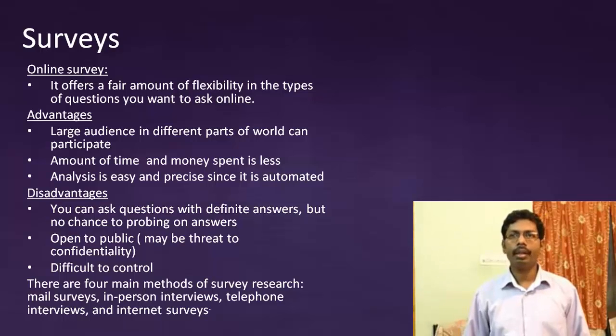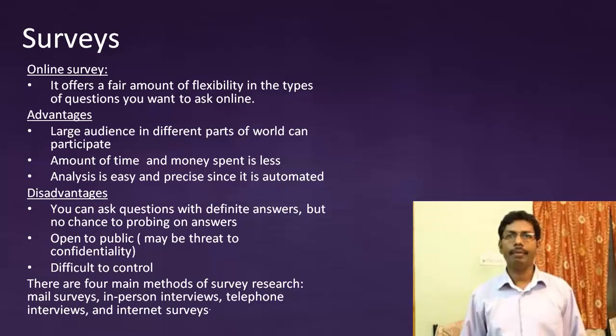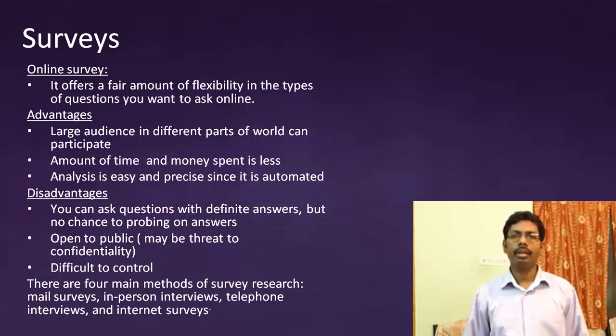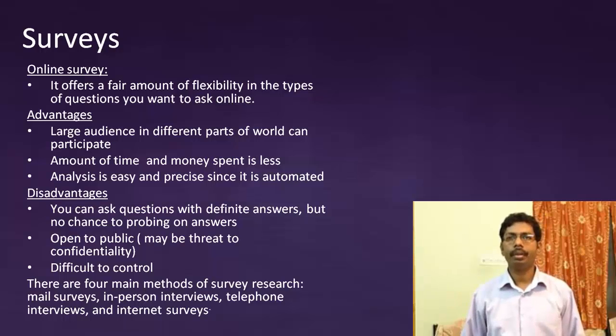Create the questionnaire, pilot the procedure, refine, and conduct the survey. Analyze the results and present the findings. There are four main methods of survey research: mail survey, in-person interview, telephone, and internet surveys.